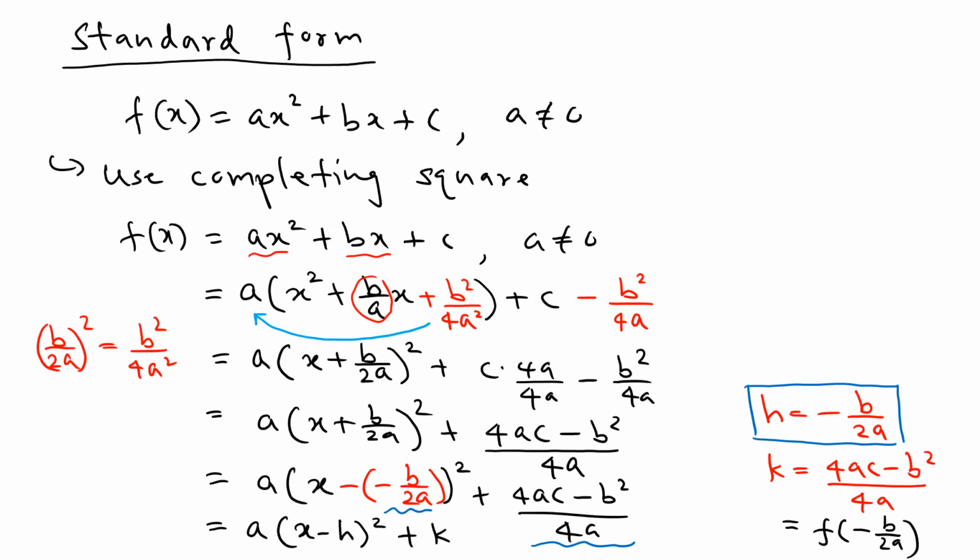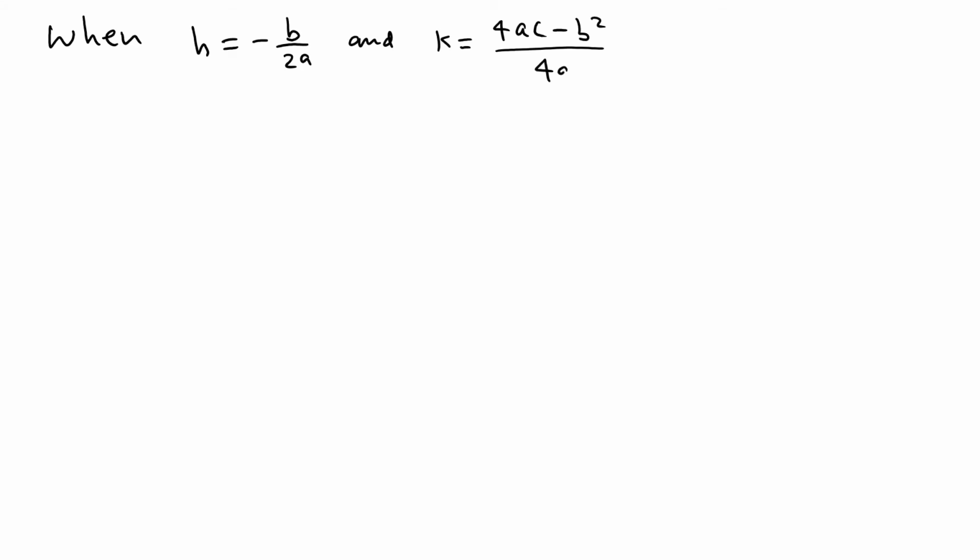Okay, so let's go back to the standard form now. In a regular problem, what we normally do is just use the completing the square technique. So I'm going to rewrite this again. So h equals minus b over 2a, and k is 4ac minus b squared over 4a, but we showed that this is simply f of minus b over 2a.